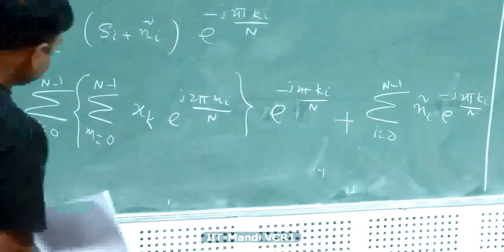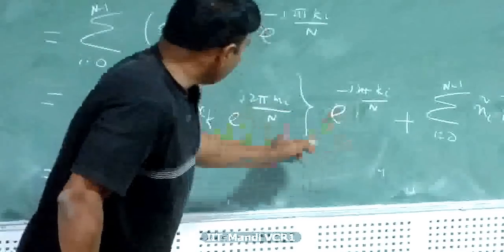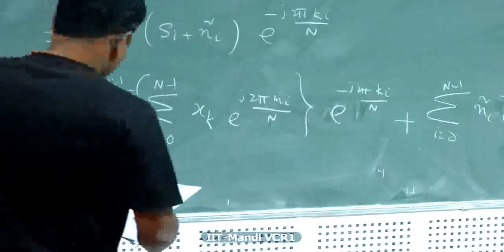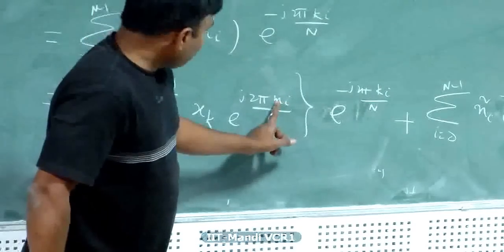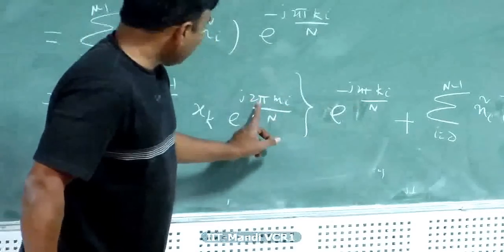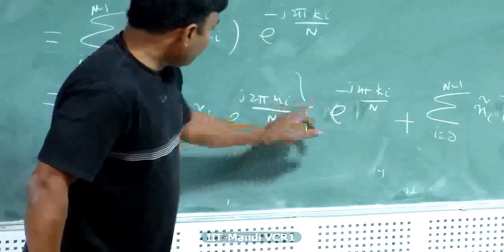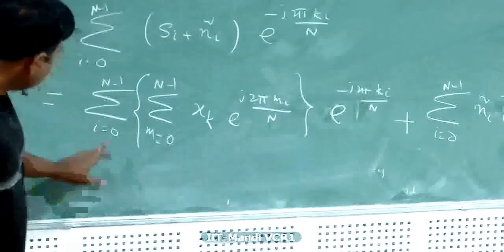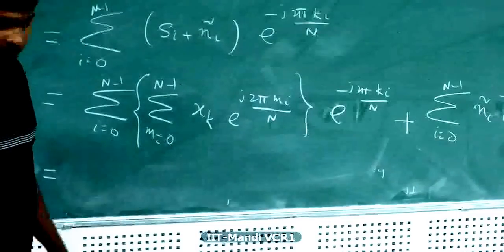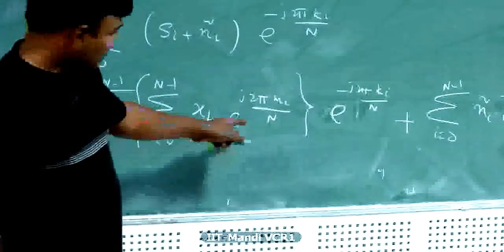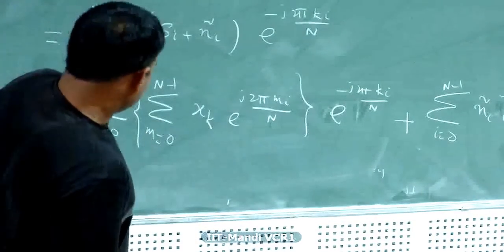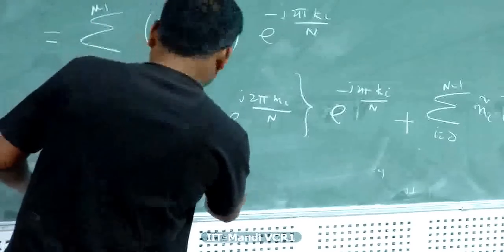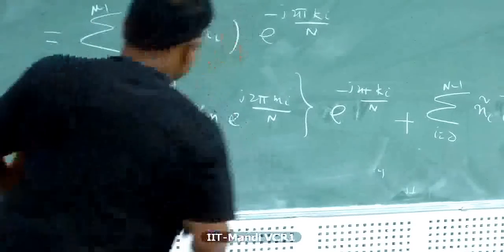This can be written as, take this and club them together. So it is 2 pi (m minus k) times I. There is a double summation over I and m.